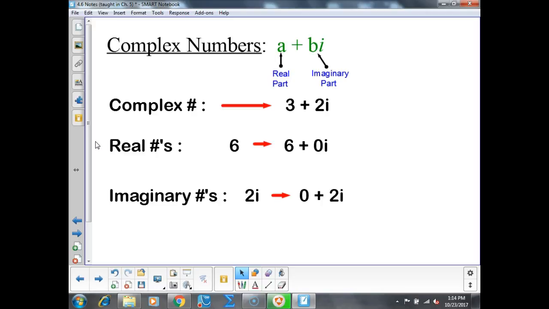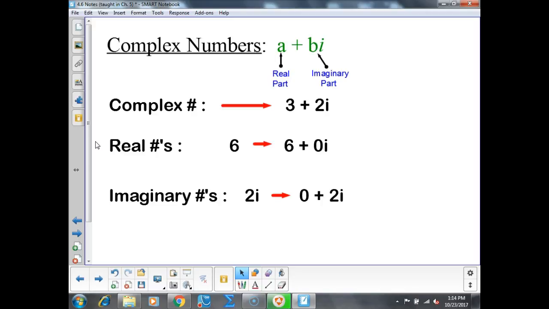Through all of it, you can add complex numbers, you can subtract complex numbers, you can multiply complex numbers, you can divide complex numbers, and you've done all of that. You did it last year in Algebra 2. Right?